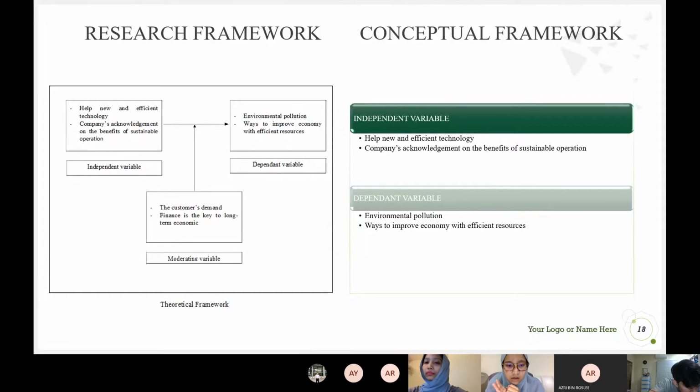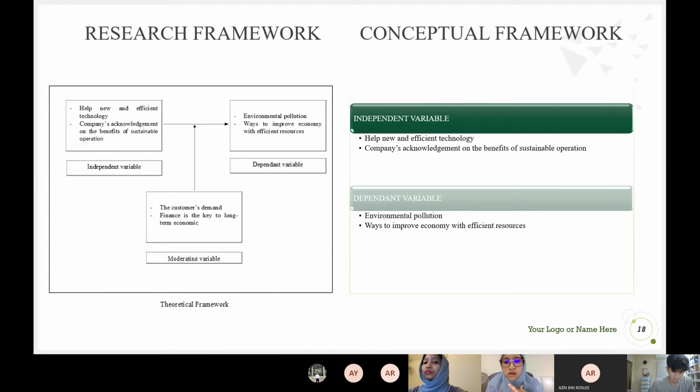For the dependent variable, environmental pollution and ways to improve economy with efficient resources. For the moderating variables, the points are customer demands, and finance is the key to long-term economics.